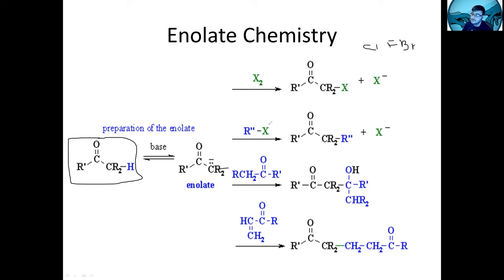You can add it to the end. You can add another R group, for example, to the end. In this case, you can add another ketone. This is another ketone. You can add another ketone, but only on the carbonyl carbon. And this is important because you notice here, this gets attached by this point.